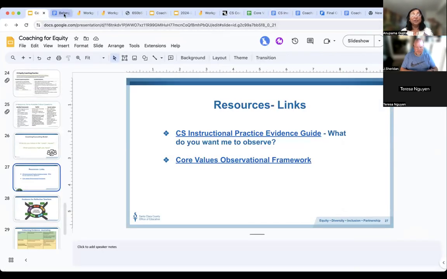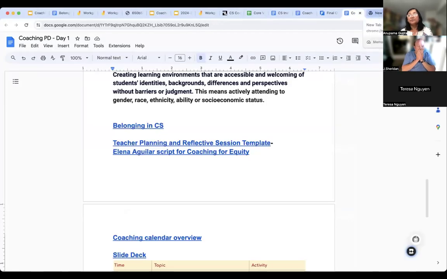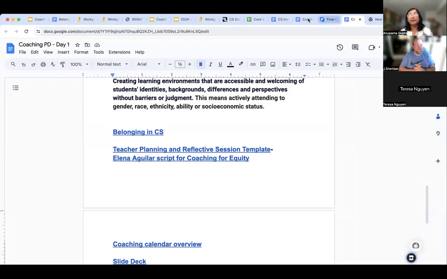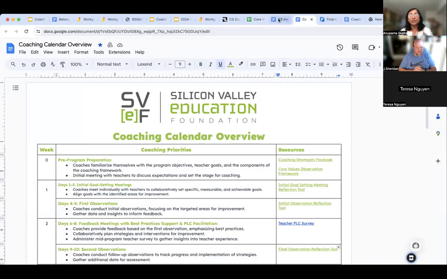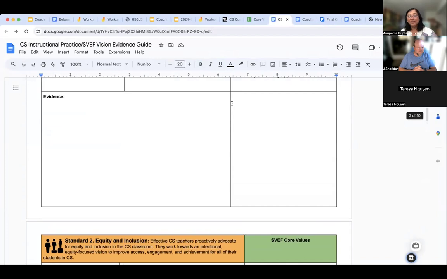Oh, one more thing I want to show you with this one. On the bottom, you can see the evidence here. I want you to also collect some artifacts.